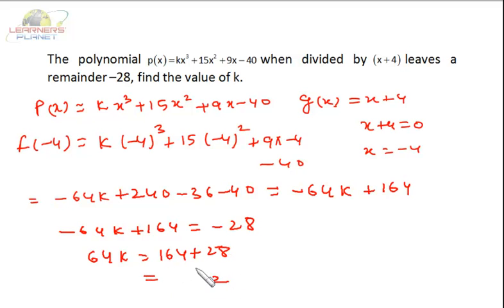So it's 192. That means k is equal to 192 by 64, that is 3. Isn't it so simple? Okay, let's do more problems.